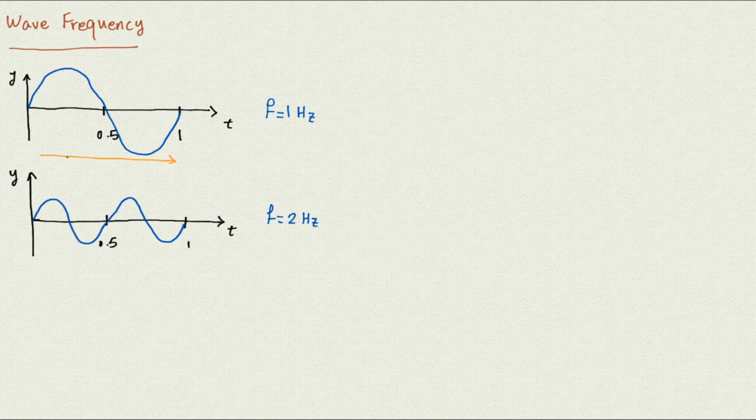For the top one, this is the T, because the one full cycle goes from 0 to 1. For the second, the period is this one, because the one full cycle goes from here to here. So here T is 1 second, and for the second one T is 0.5 second, and we know that T is 1 over f.